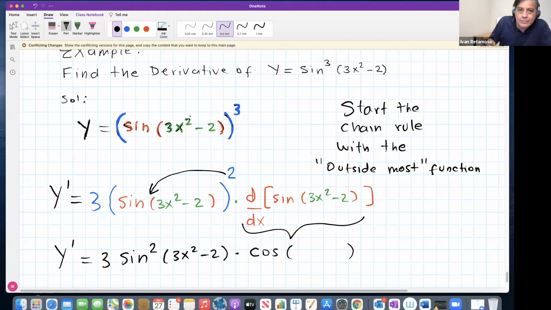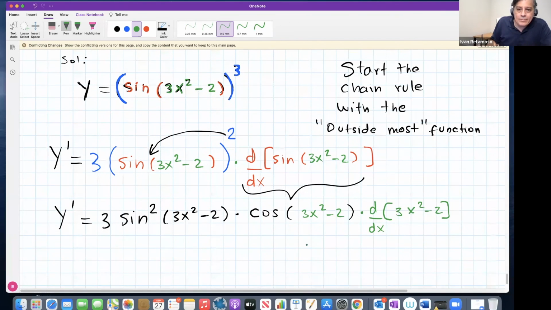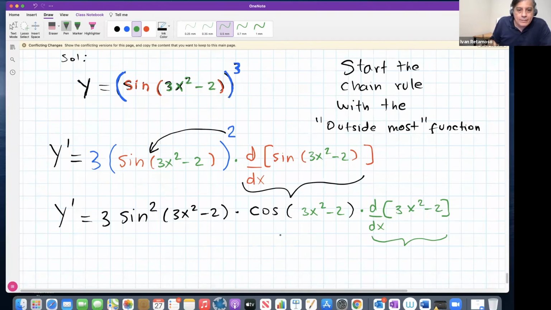The inside function, right? 3x squared minus 2. And finally, you are supposed to multiply this by the derivative of your inside function, the innermost function, let's call it, or insidemost. Yeah, what is this derivative? Anybody could tell us? It's the derivative of that polynomial function. While I write out the rest here.